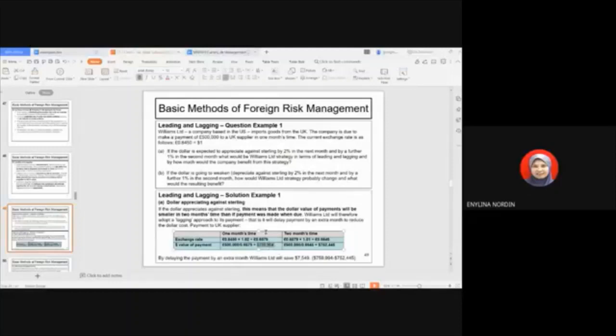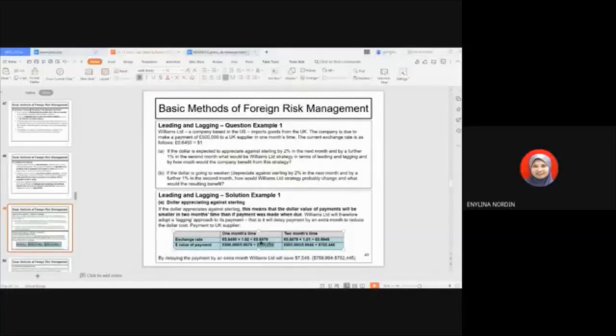But what happens if this US company delays the payment until the next 2 months? In the next 2 months, it is also predicted that the US dollar is going to appreciate, which means the pound sterling keeps on depreciating, by 1% more. What happens then to the exchange rate?